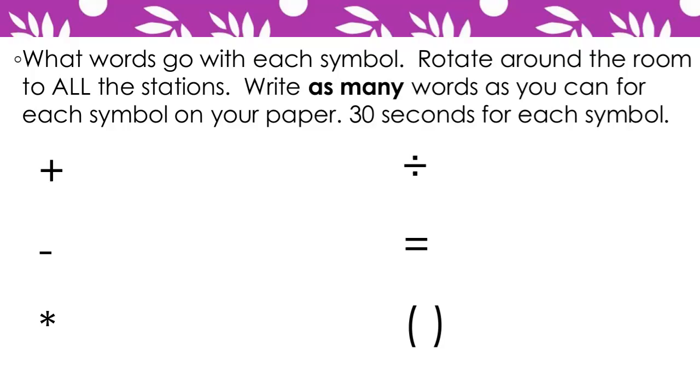As many different words as you can. You only have a total of 30 seconds. Hey, and you know, it might be right, it might be wrong. You don't know. Just write them down. Okay, rotate to the next station.